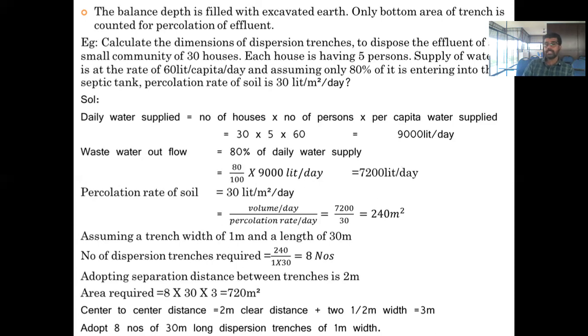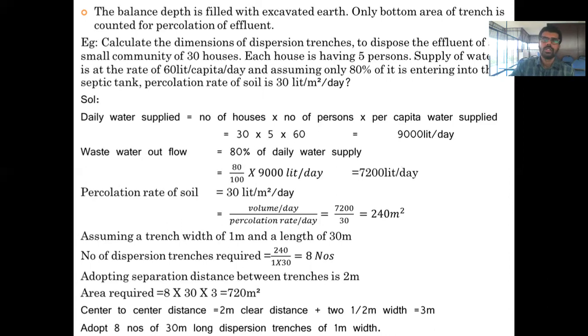Yesterday itself I said that if the percolation rate is not given, or they have not found it out, when you see that it is porous, or it is sand or gravel type of soil, you can assume it as 20 or 30. In the range of 20 to 30, you can just assume it. Okay, so now coming back to our solution.